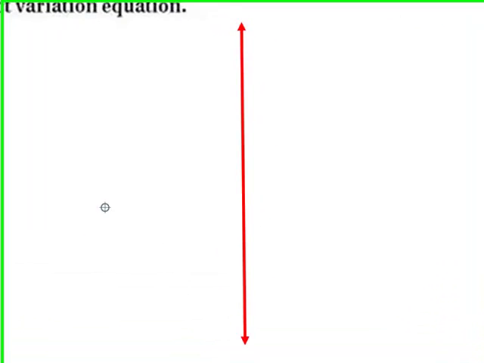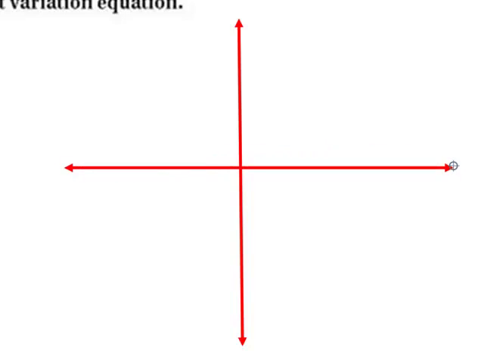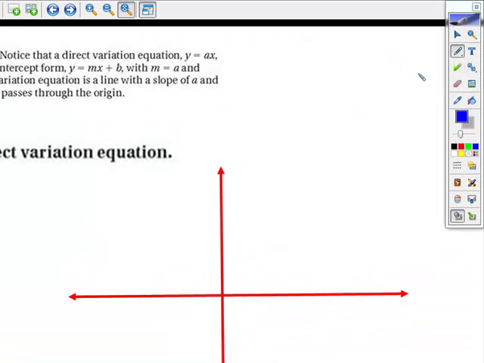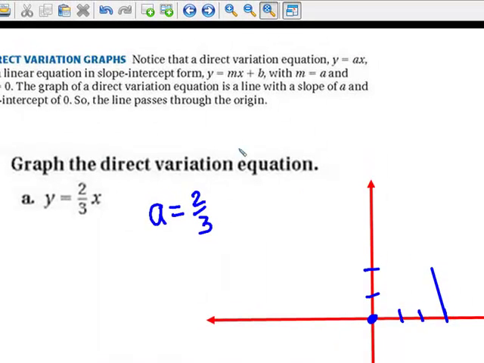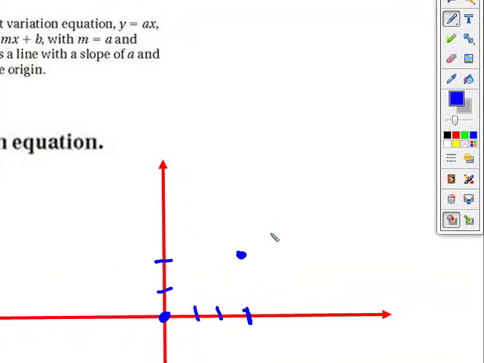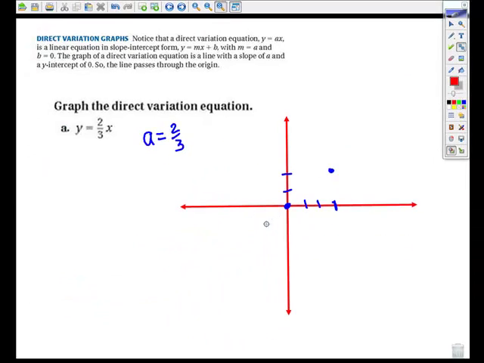So let me go ahead and fashion an xy axis for us. So I'm going to start at 0. My slope, which is my a, is 2/3. So I'll rise up 2, 1, 2, and I'll run over 3. 1, 2, 3. And I'll put my point, and then I just draw my line.